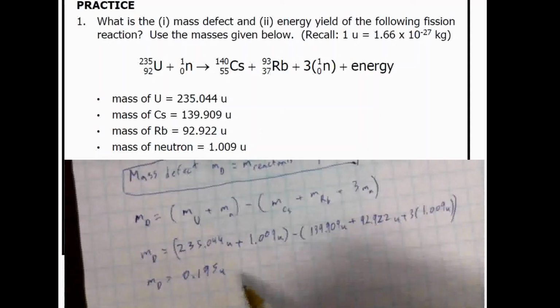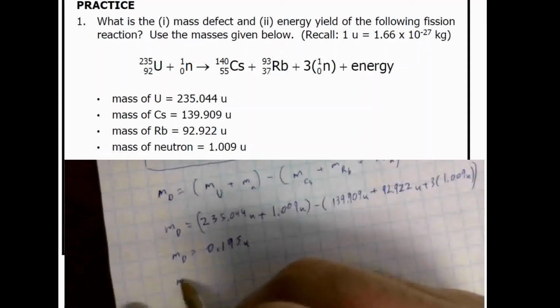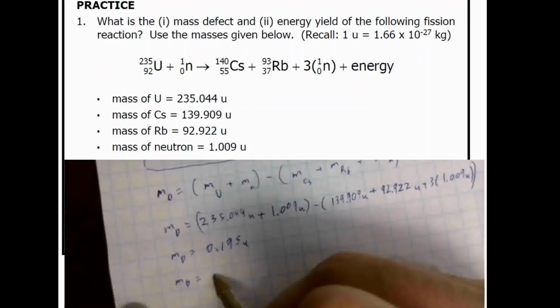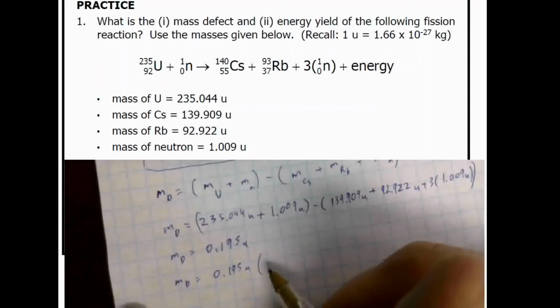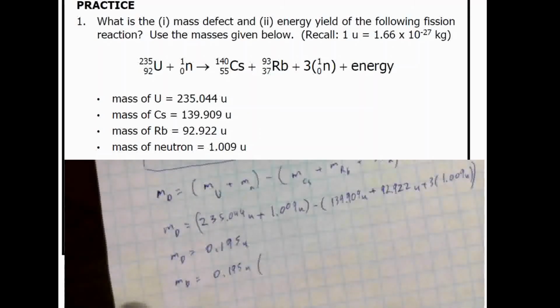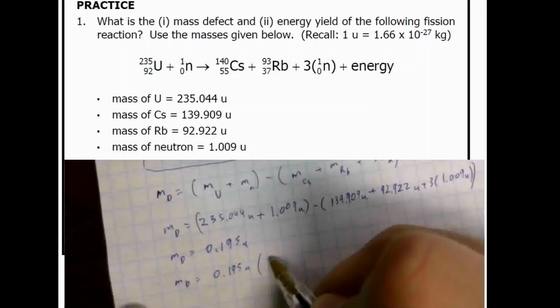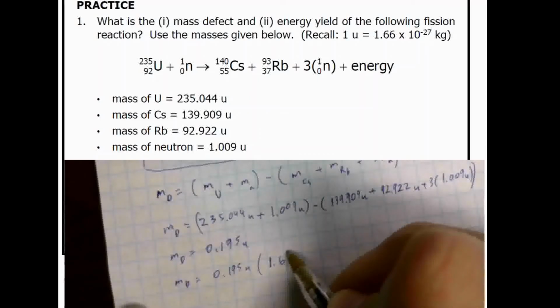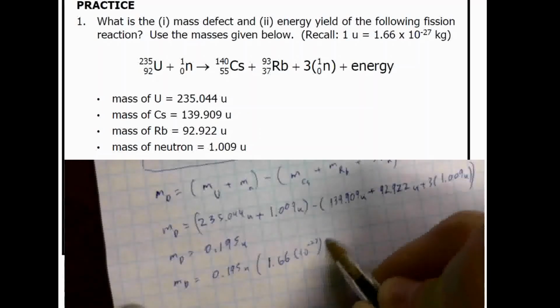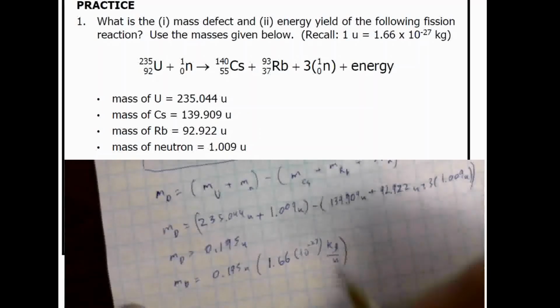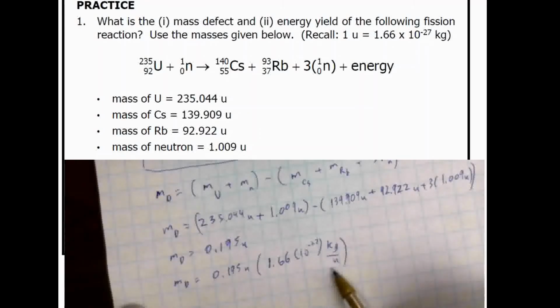Now, what I should do is report my mass defect in kilograms, unless I'm asked to leave it in this form. So to report it in kilograms, MD equals 0.195 U multiplied by, just so that we recall, 1 U is equal to 1.66 times 10 to the negative 27 kilograms per U. This cancels out my U here and here.